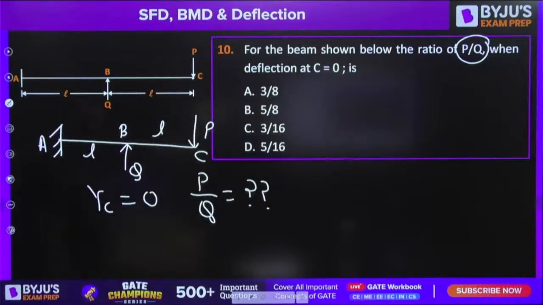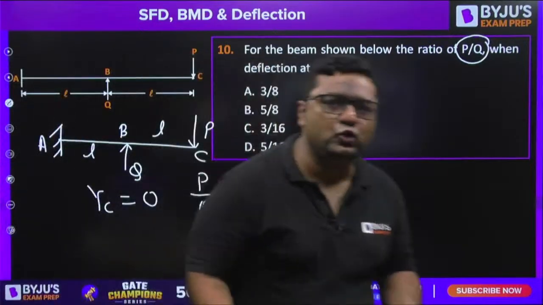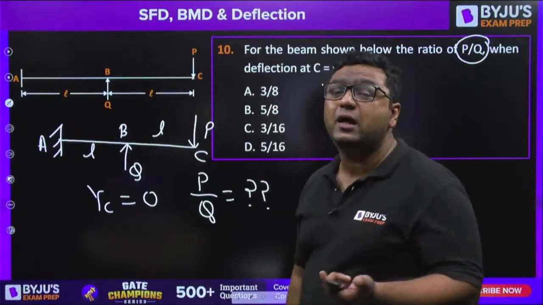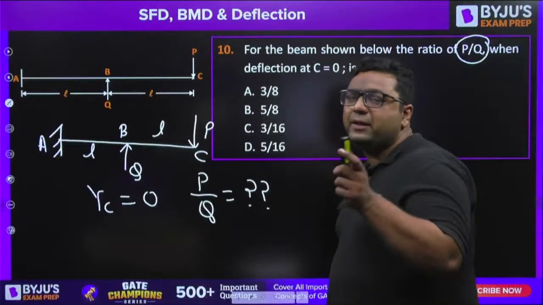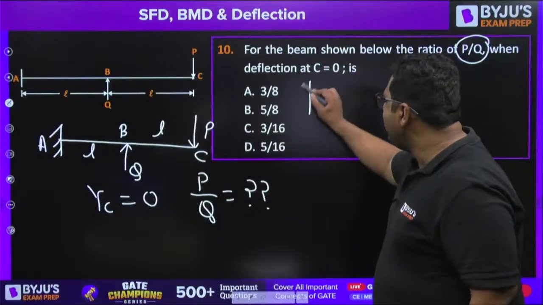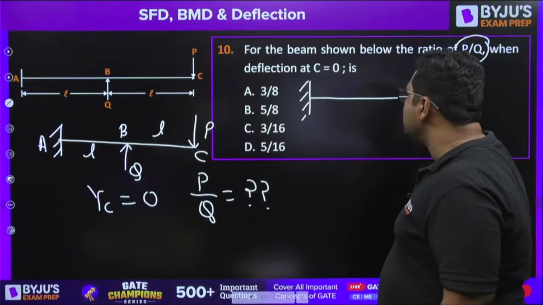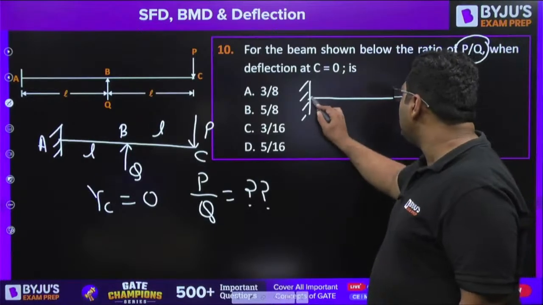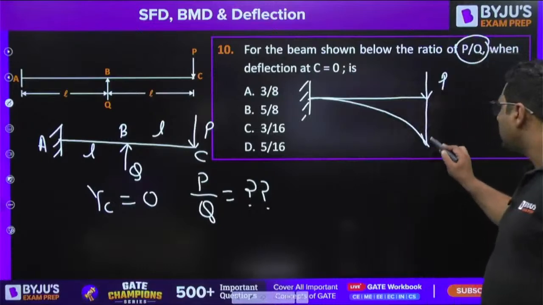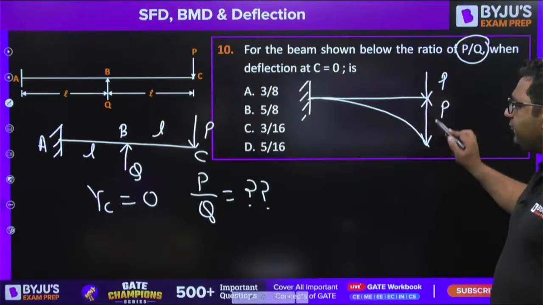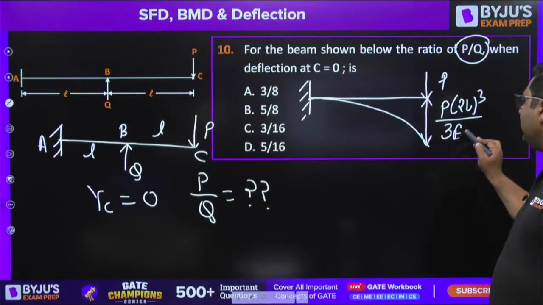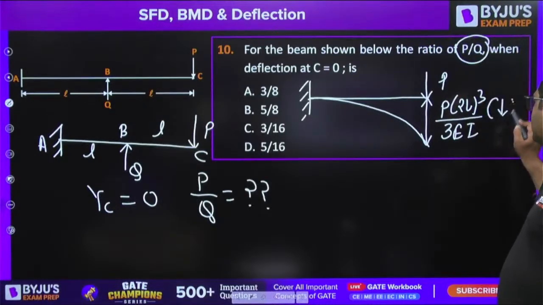Very, very good. So guys, if you see this, we can also go by moment area, or we can also try the principle of superposition. So my dear, initially let us consider there is a load P acting. Because of this P, this is going to be the deflection. This deflection is P (2L) cube upon 3 EI, that is downward deflection.